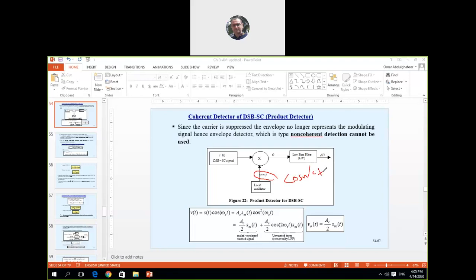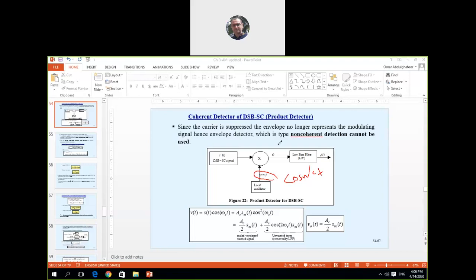In this scenario we don't have the carrier as an independent signal, so non-coherent detection cannot be used. We need coherent, synchronized detection. That means the local oscillator's carrier must be synchronized with the modulating signal: same phase, if any, and same frequency.